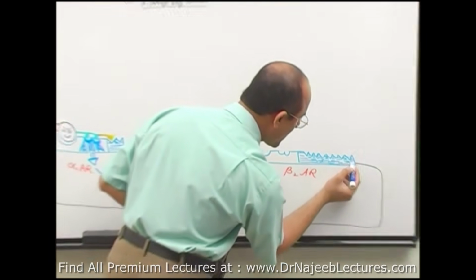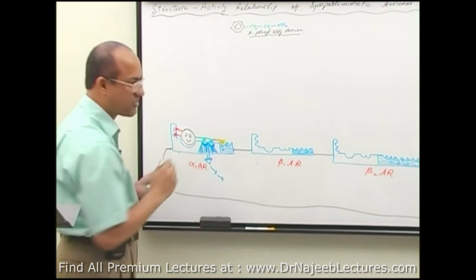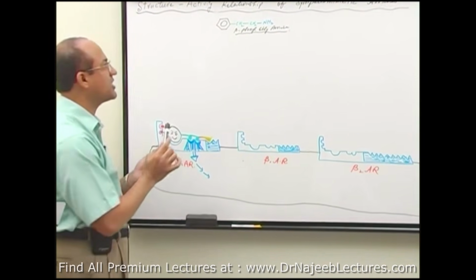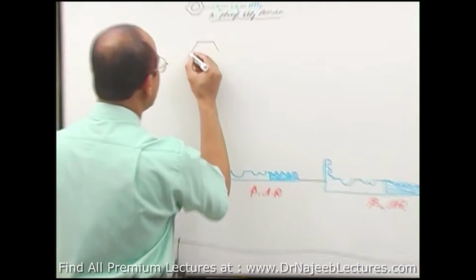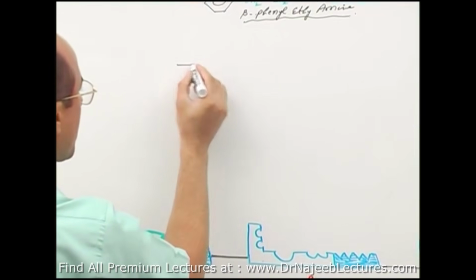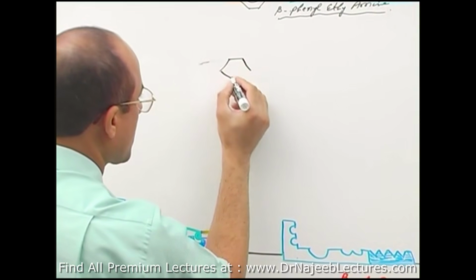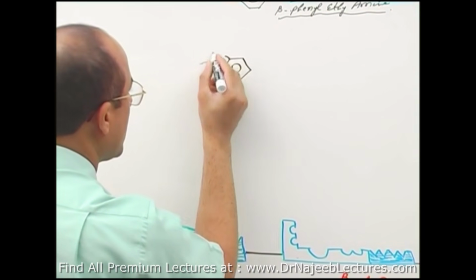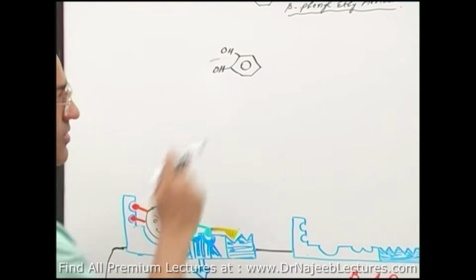Now, once you have appreciated this difference in the receptor structure, we will make a compound here. Look at this compound. Hydroxyl, so is it going to be a catecholamine or non-catecholamine?